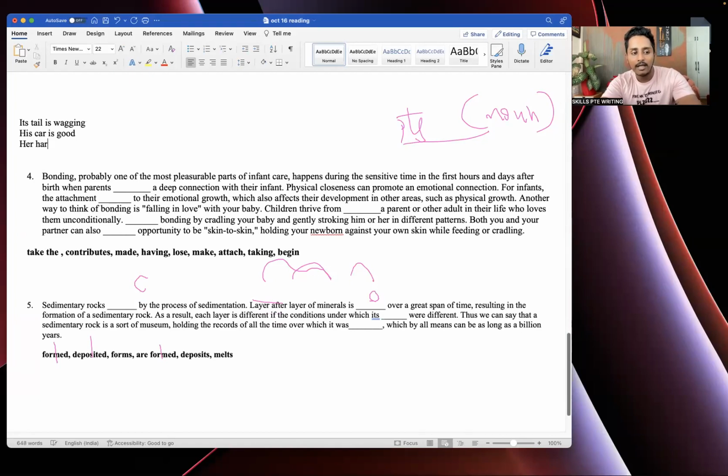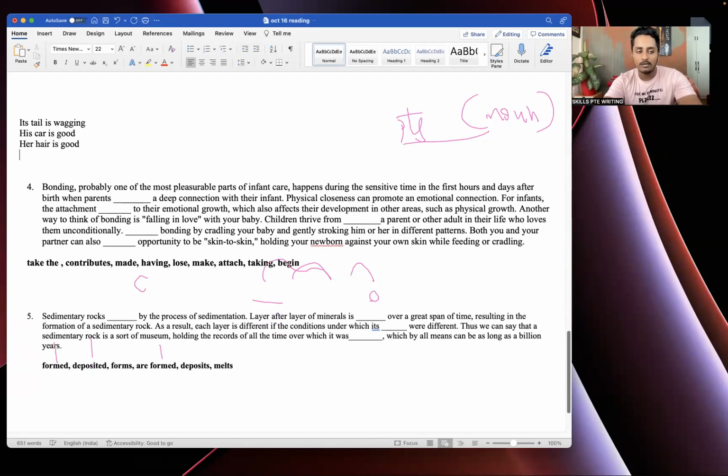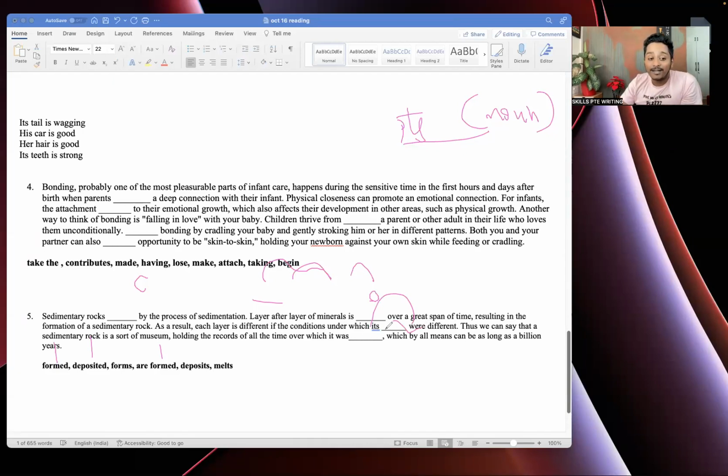Her hair is good. Its teeth is strong. After "its", you need a noun, meaning the tail belongs to it. So here, the conditions under which its dash were different, we need a noun.